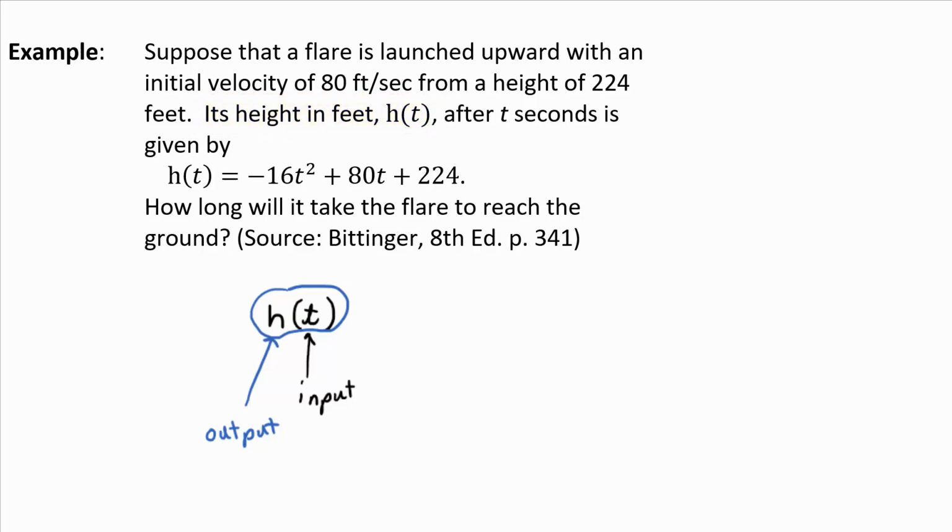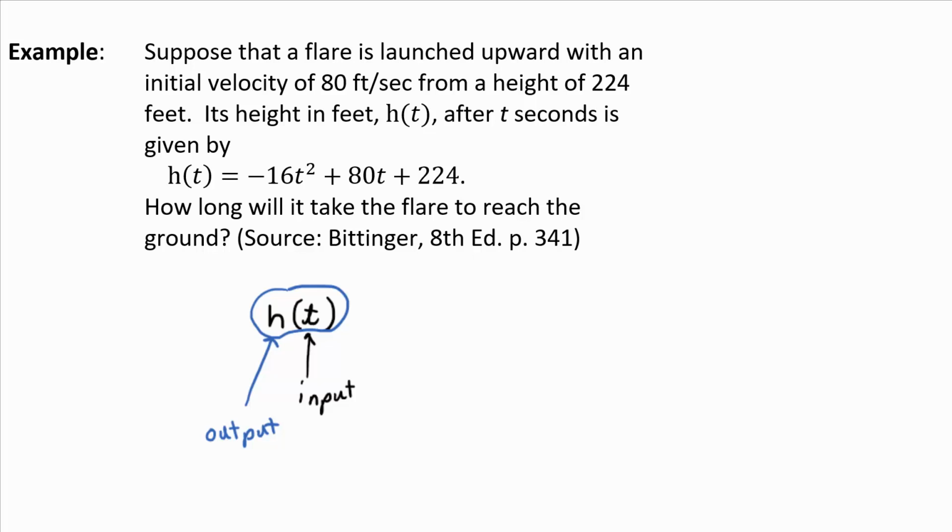The output is the height of the flare. So you input time after you shoot the flare off. The output is how high it should be, approximately. If you understand that, that helps you understand how to solve the problem. Does that make sense?